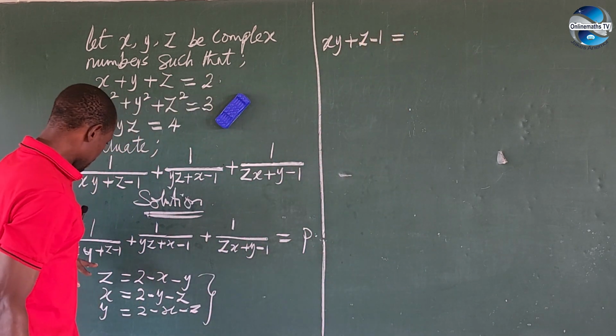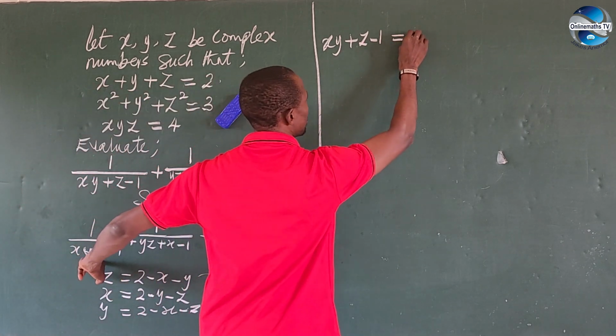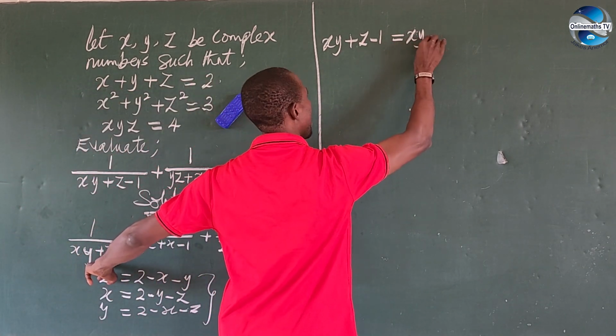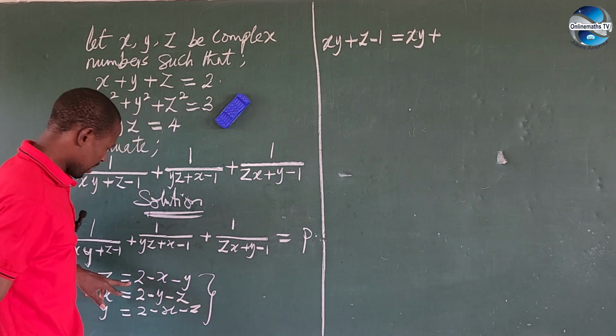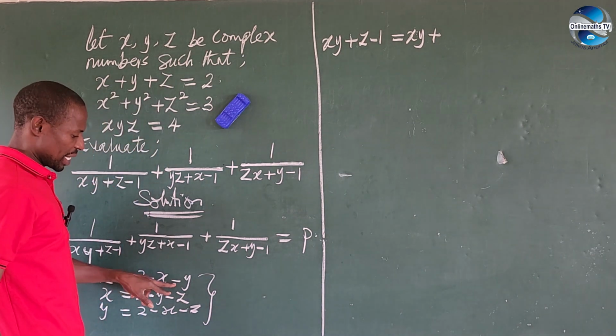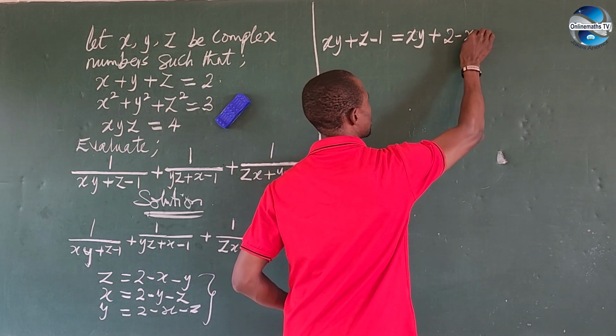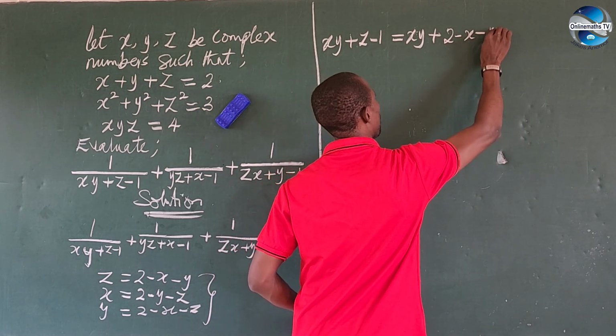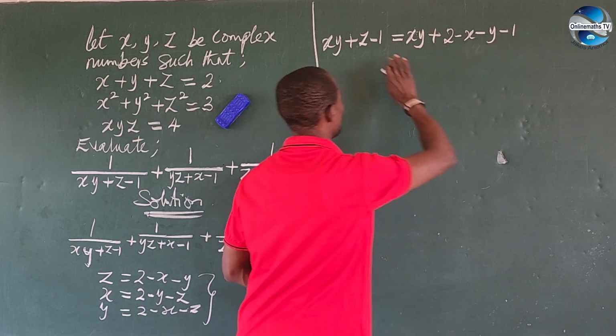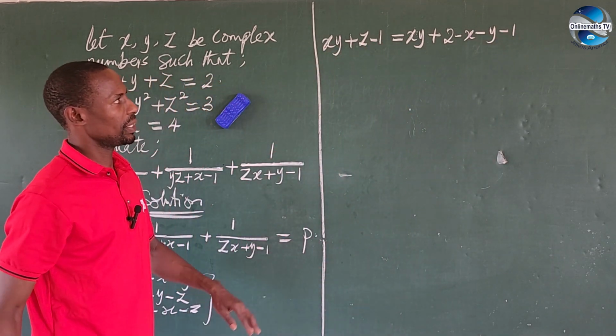If we substitute, this gives us xy plus 2 minus x minus y, then minus 1, our 1 that is already there.